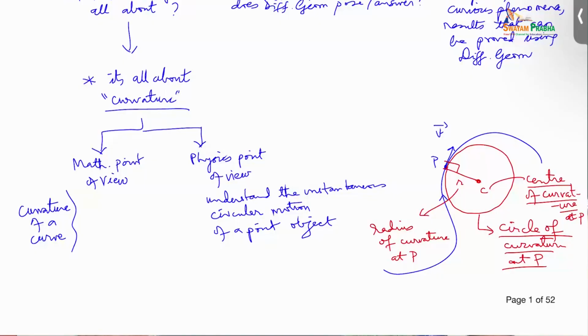Now with this, it's very easy to define what curvature is. Curvature is nothing but the reciprocal of the radius of curvature. So curvature at P is 1 by radius of curvature at P. Why is this a good definition?